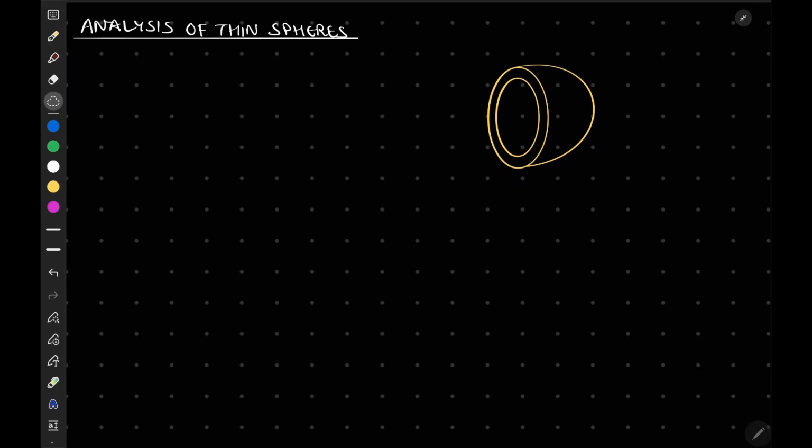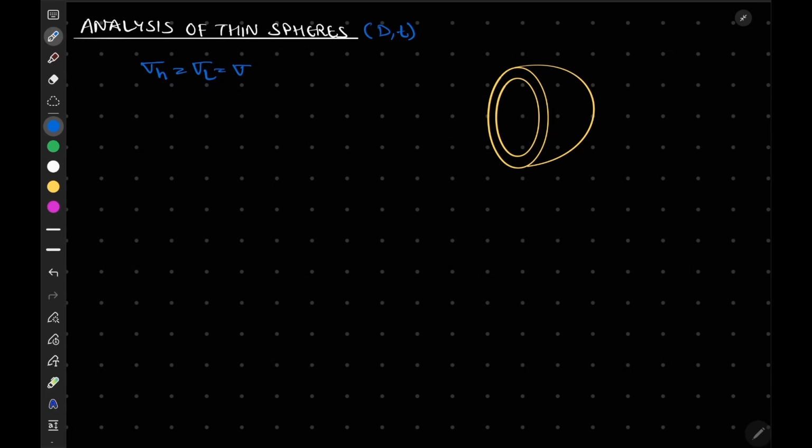Now let's say that this is your thin sphere, and this sphere has diameter d and thickness t. Since the sphere is symmetrical, your sigma h and sigma l values are both equal. Sigma h is equal to sigma l, let's say equal to sigma.